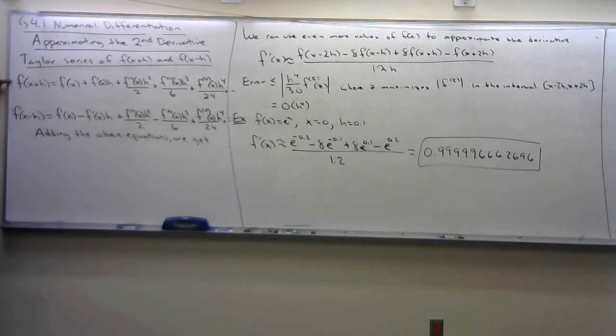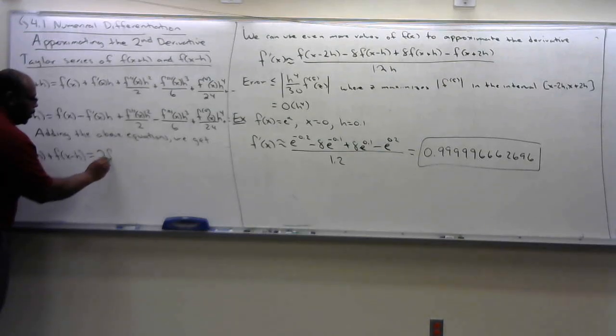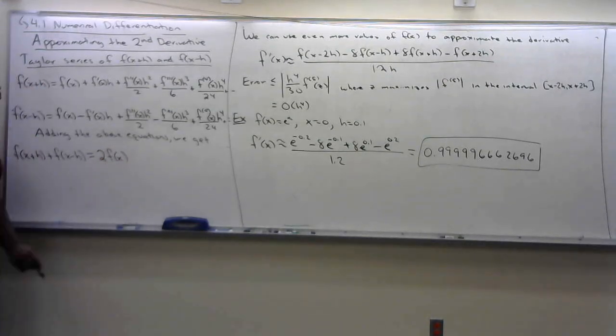f of x plus h plus f of x minus h equals, when I add these two guys together, I get 2 f of x. Add these two together, it's 0, perfect.